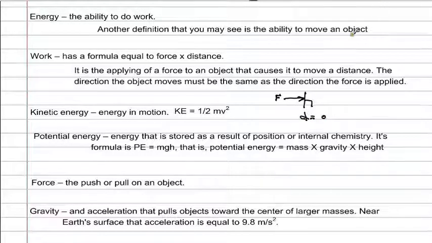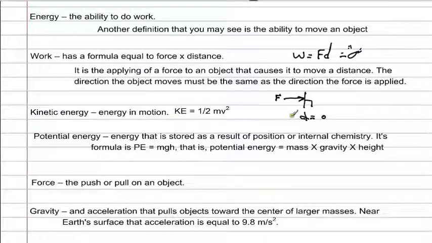Well, if the formula says that work is equal to a force times a distance, then you can see if D is equal to 0, 0 times anything means that no work was done. 0 work done. No work.